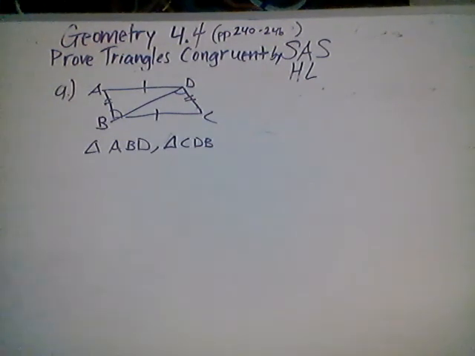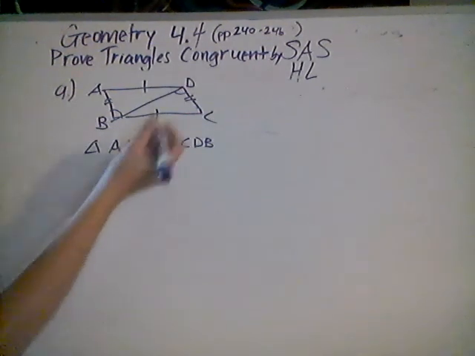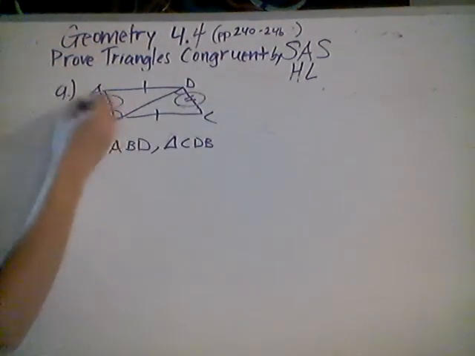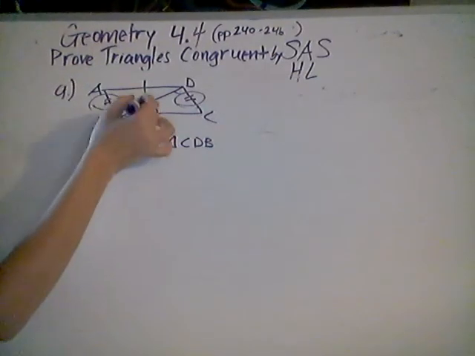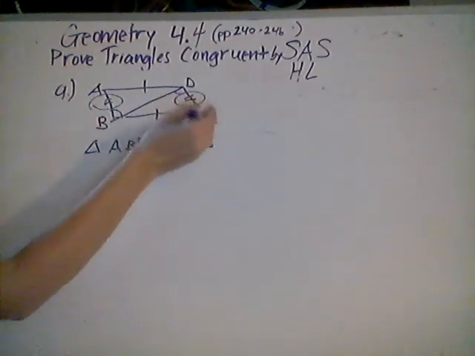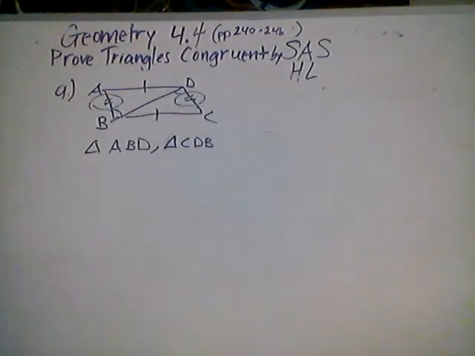So we are going to say here that in order to show that these are congruent, we would need to know that sides CD and AB are congruent based on the given information.